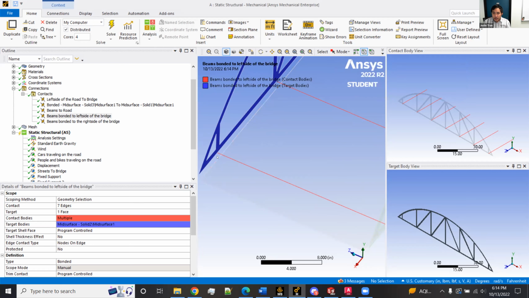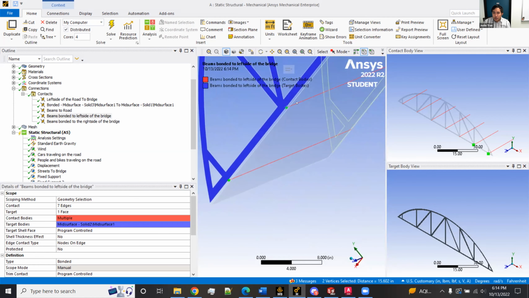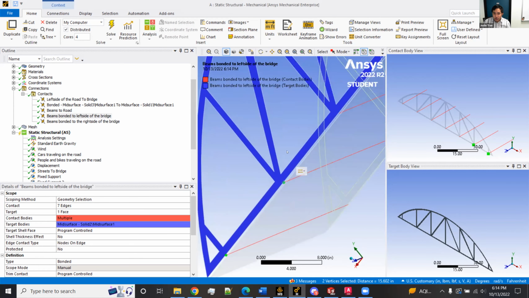You're going to click on vertex mode, and you're going to click on each of these points right here. Oh, okay, so it's the actual point of contact. Yeah, it's a little bit annoying to do with the remote control because there's a delay, but you're going to click on all the endpoints, and that's going to replace your contact region here. And so instead of the 7 edges, you should have 7 points or 7 vertices, basically. Oh, okay. Thank you.